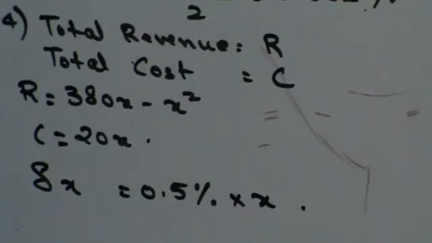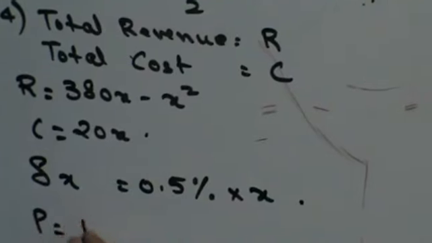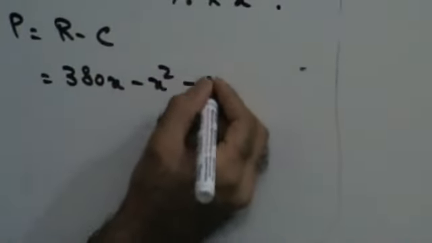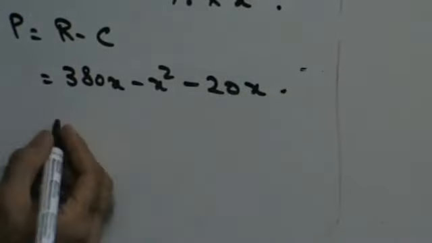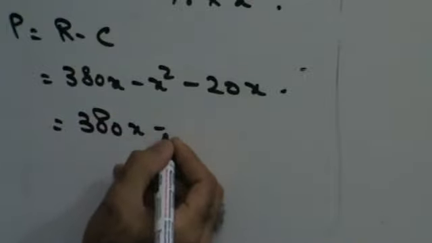They've given me revenue, they've given me cost. I can say profit is nothing but revenue minus cost. That is nothing but 380x minus x square minus 20x, right? So in that case, this is going to be nothing but 360x minus x square.